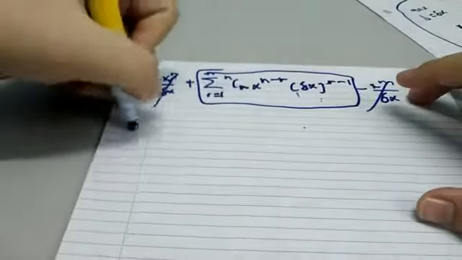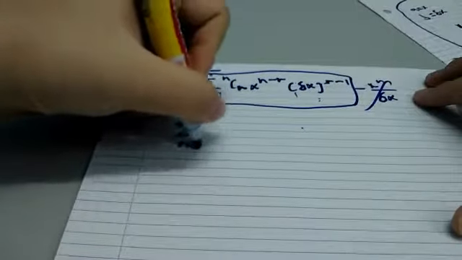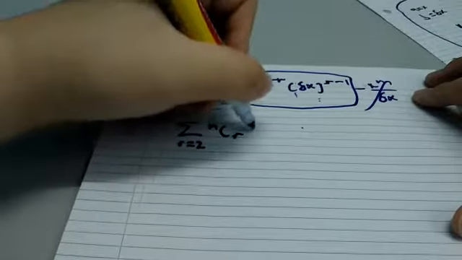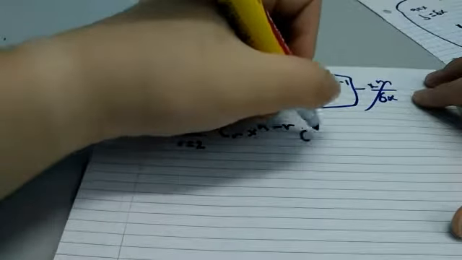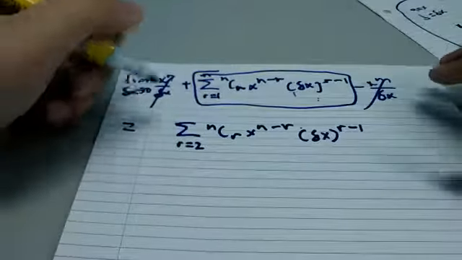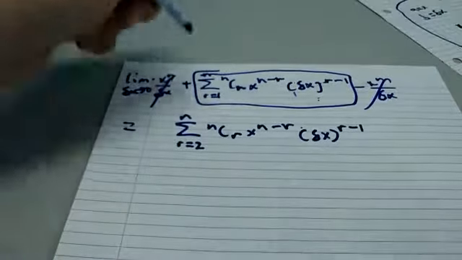So this thing is equal to the sum from r is equal to 2, and still the same expression, and it goes to n, and let's figure out the value of r equals 1.